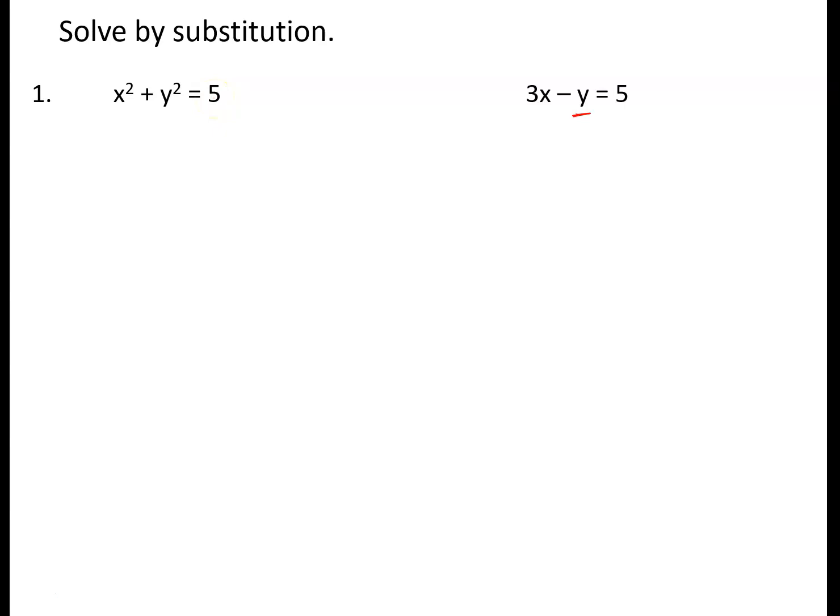However, we're not going to graph these in this section, but I just want you to think about if we did graph it, it would be a circle. Now this one has coefficients of 1 on both x and y, so it would graph as a line. So think about a circle and a line intersecting. Certainly possible that we could end up with two solutions here.